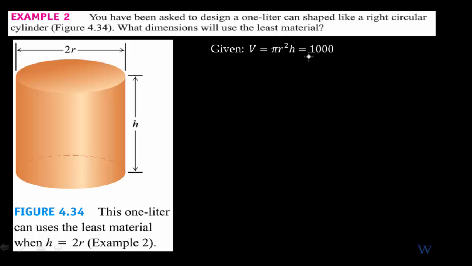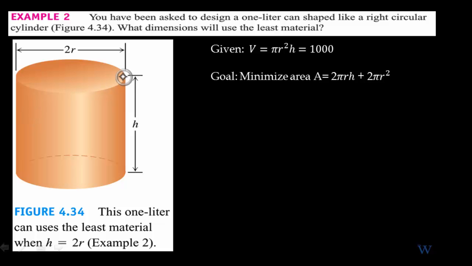Now what do we want to minimize? The surface area. Now you've got the bottom lid and the top lid. What is the area of these two circles? It's pi r squared, and there's two of them, that's why there's the 2. What about the side of the can?